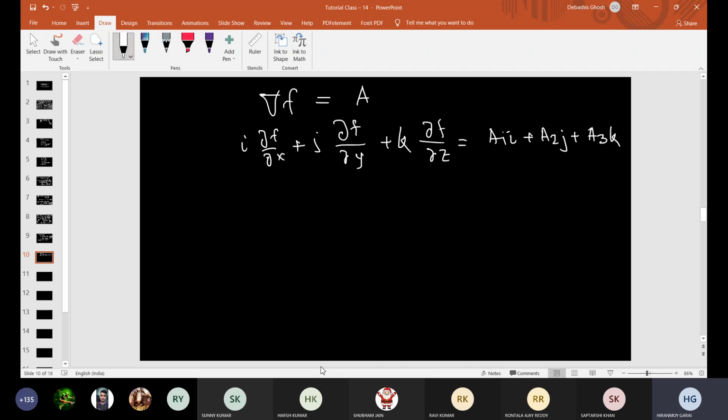We have these three, now we just compare. So del f del x equals a1, del f del y equals a2, and del f del z equals a3. By comparing these three, we will integrate one by one and then compare with del f del y.